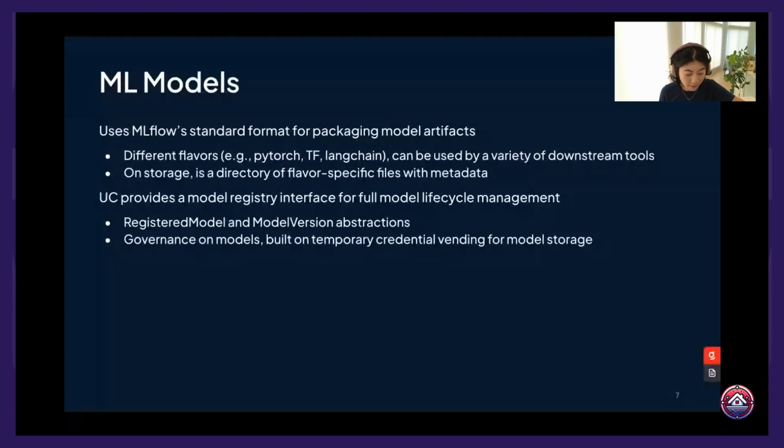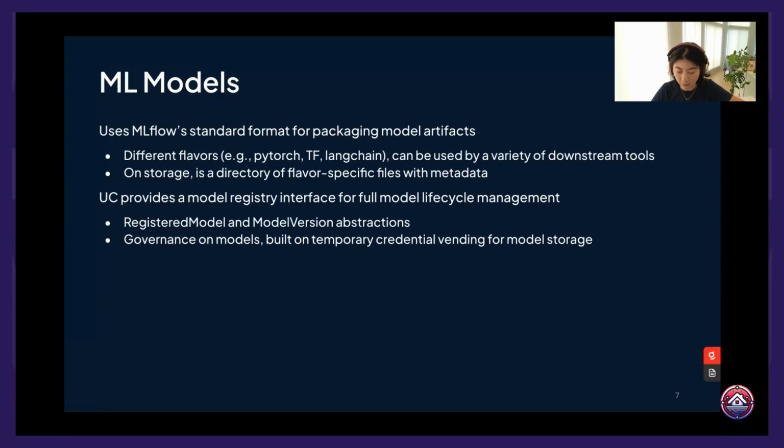Something that we added, and I'm really excited about this, probably the thing I'm most excited about besides the UI in the 0.2 release, is adding ML models as governable objects to Unity Catalog. I mentioned that models share this property of essentially just being a directory of files in object storage.